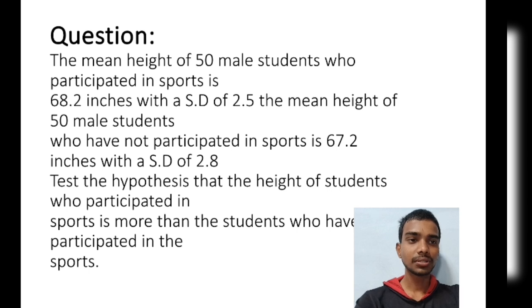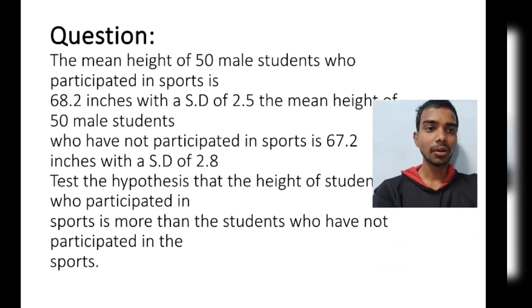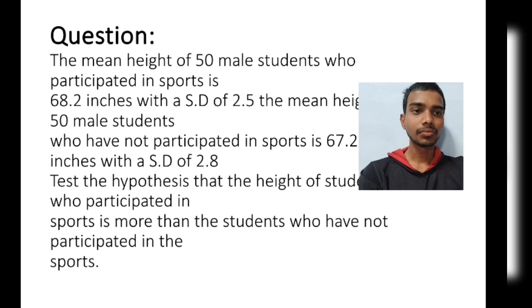Test the hypothesis that the height of students who participated in sports is more than the students who have not participated in sports.